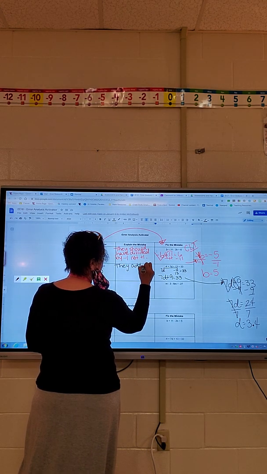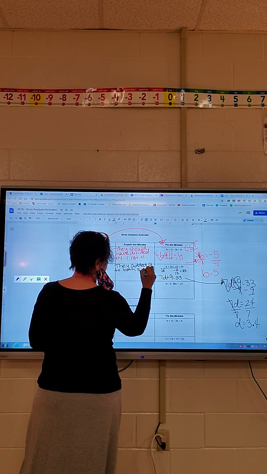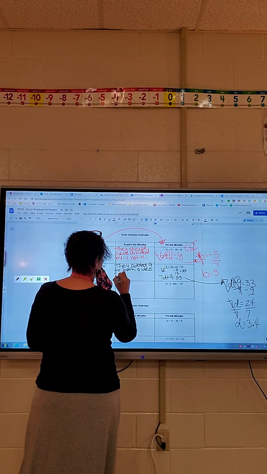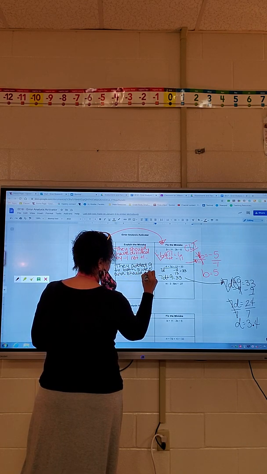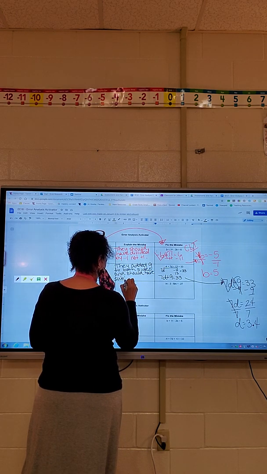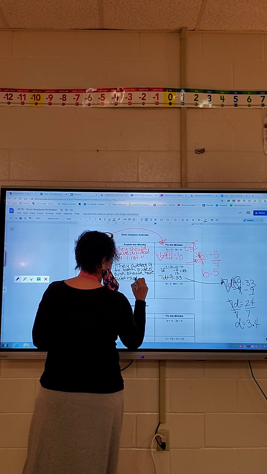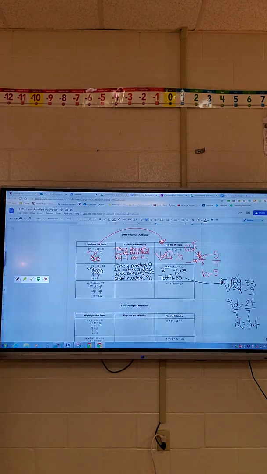They added 9 to both sides and should have subtracted 9 from both sides. They added 9 to both sides when they should have subtracted 9 from both sides.